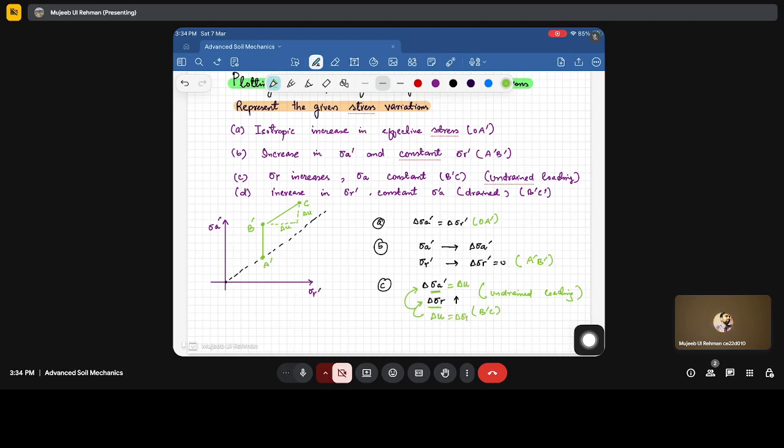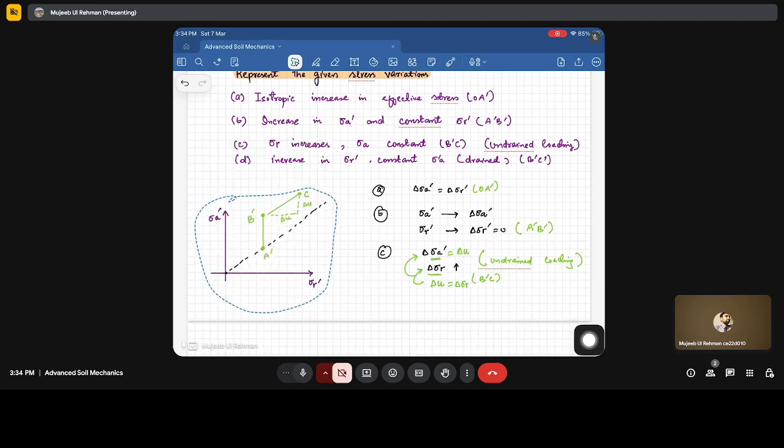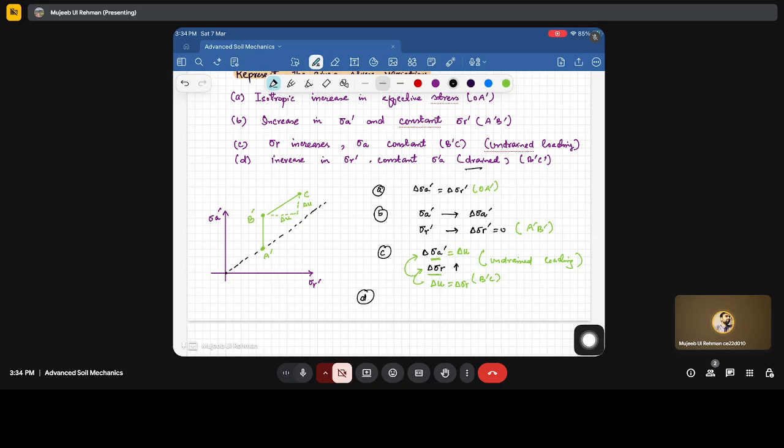Now the last case that I want to discuss with you is part D, where there is an increase in delta sigma r and a constant sigma a dash axial stress, and it's a drained case. Since it is a drained case, there will be no generation of delta U; delta U will be 0.